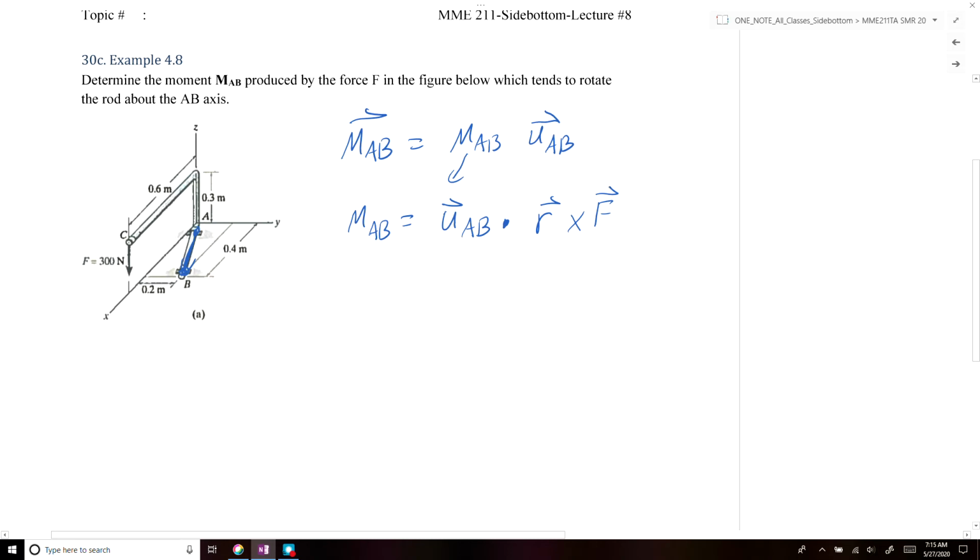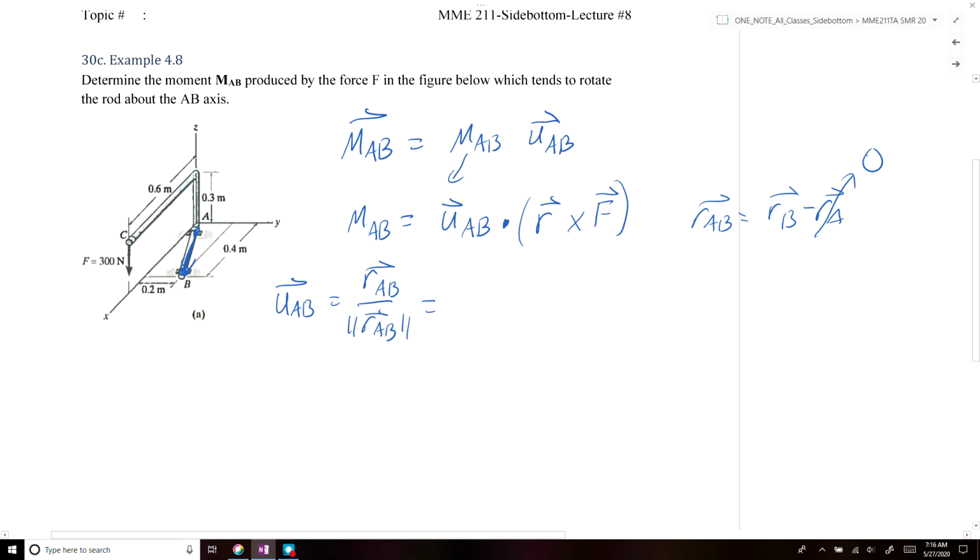All right, so let's define the components of this equation. We'll start with UAB. We know that UAB is going to be equal to RAB divided by the magnitude of RAB. So RAB is equal to RB minus RA, but RA is at the origin, so it will be equal to 0.